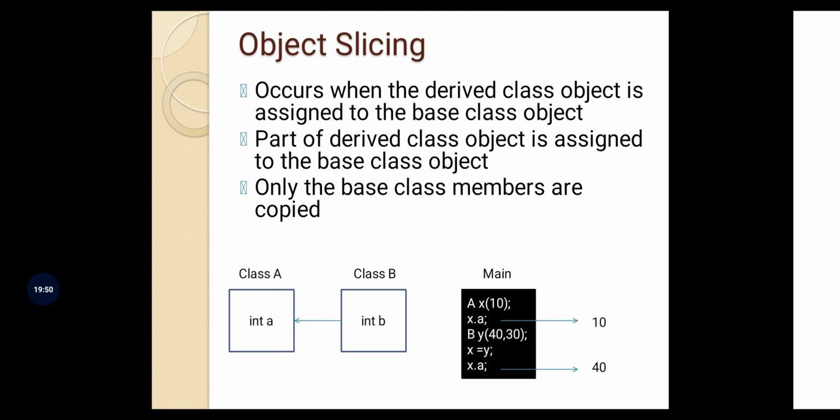Now this property of assigning a derived class object to a base class object, slicing the derived class object to remove the part which is not present in class A, and replacing the value of the derived class into the base class object, is called object slicing. So you don't have to really rack your brains here. It's just a simple concept, and I want you to remember it for your placements.